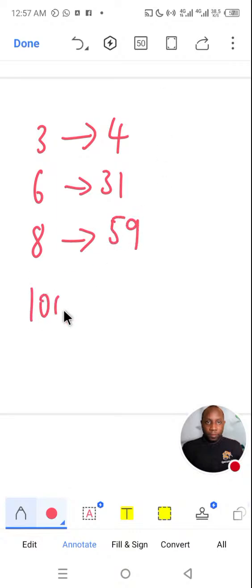So what is going to be this one? Can you do this?